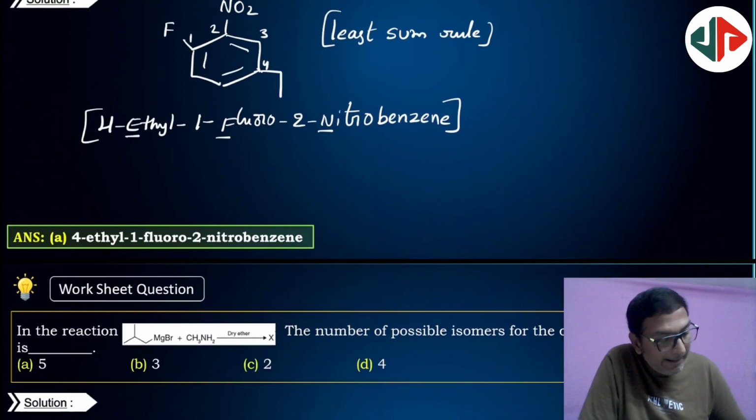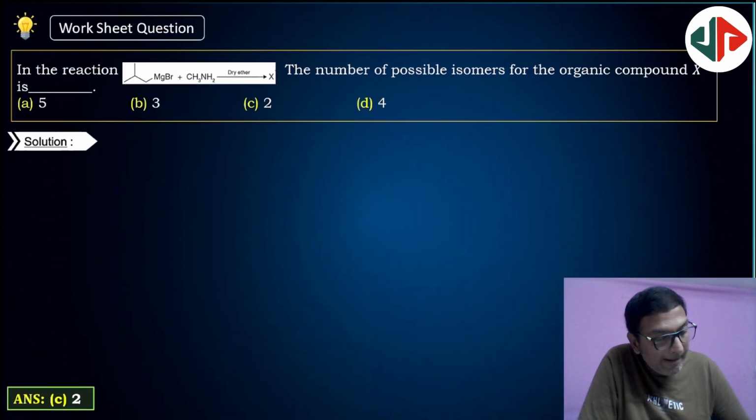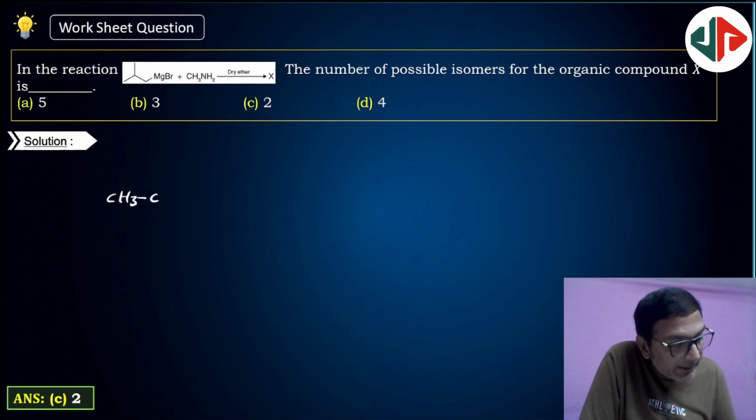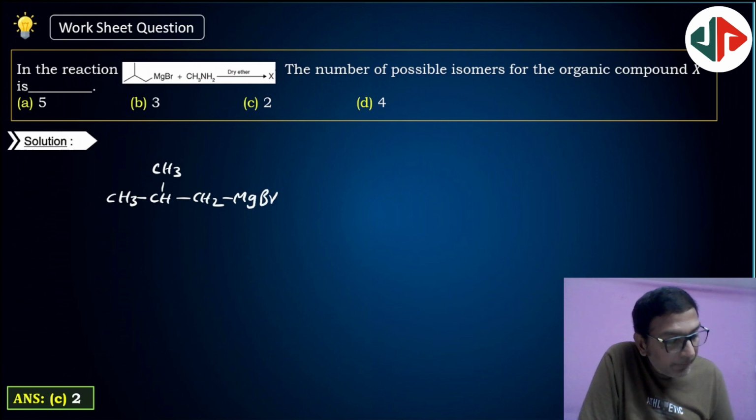Next. So in the reaction, here it is given CH3, CH, CH3, CH2, MgBr.